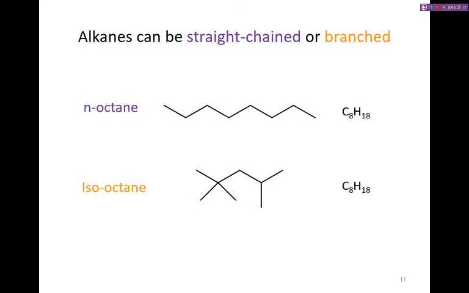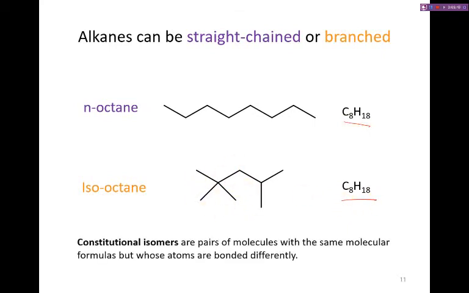Alkanes, in fact any hydrocarbons, can be straight chained or branched. So this is the same molecular formula, but you can notice that we have a different arrangement. We call these constitutional isomers. They're also sometimes called structural isomers.